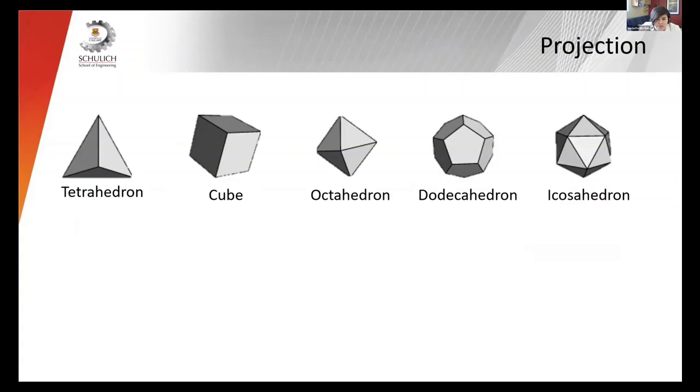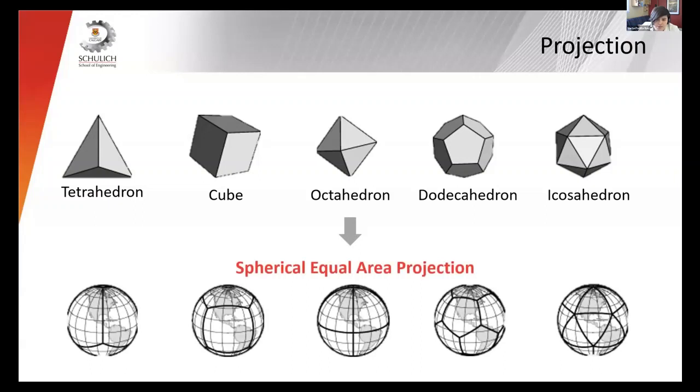And the faces of this polyhedron are projected to the globe by a spherical equal area projection. And this is one of the design choices needed to be made, since it will define the transformation from and to the Earth's surface.